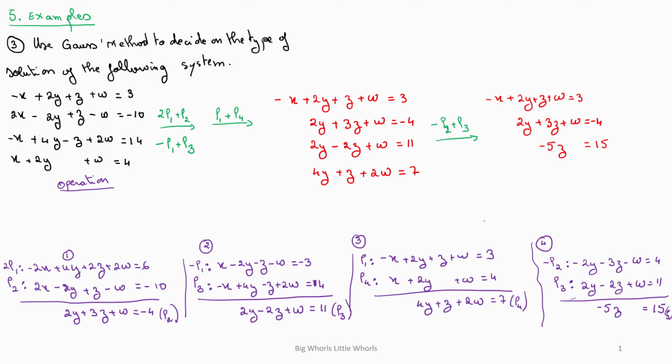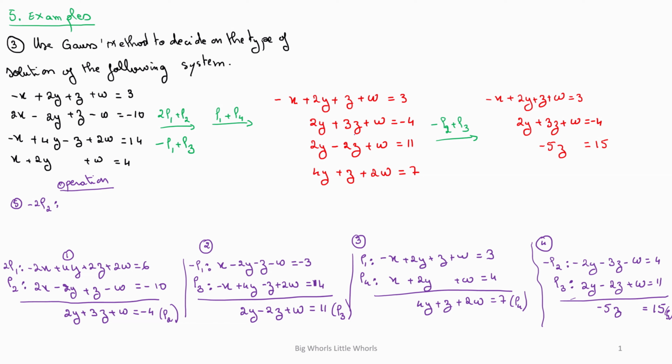And then our fifth operation here: we are going to use row 2 to eliminate the y in row 4. So we have minus 2 times row 2.